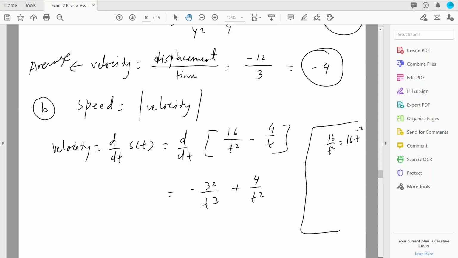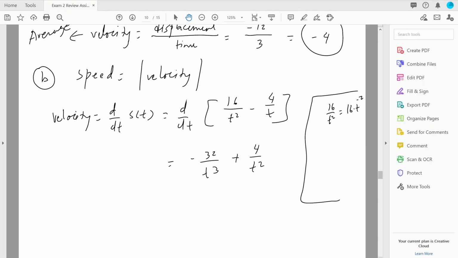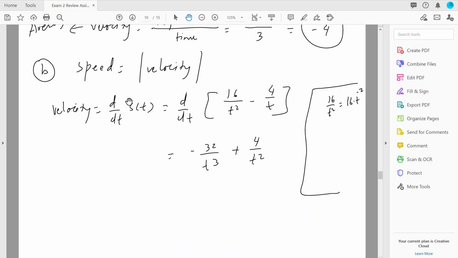Okay, and now acceleration means the derivative of the velocity, but in our problem we are asked to find the speed at the endpoints. Speed means the absolute value of this at the endpoints, meaning when time is 1 and time is 4. So let's write down the velocity as v of t. The velocity when time is 1: put t equal to 1 here. It would be negative 32 plus 4, which is negative 28.